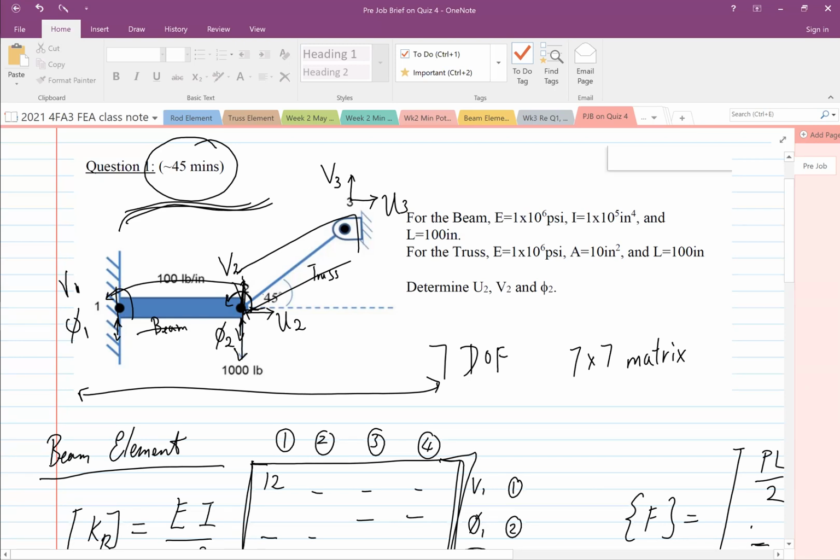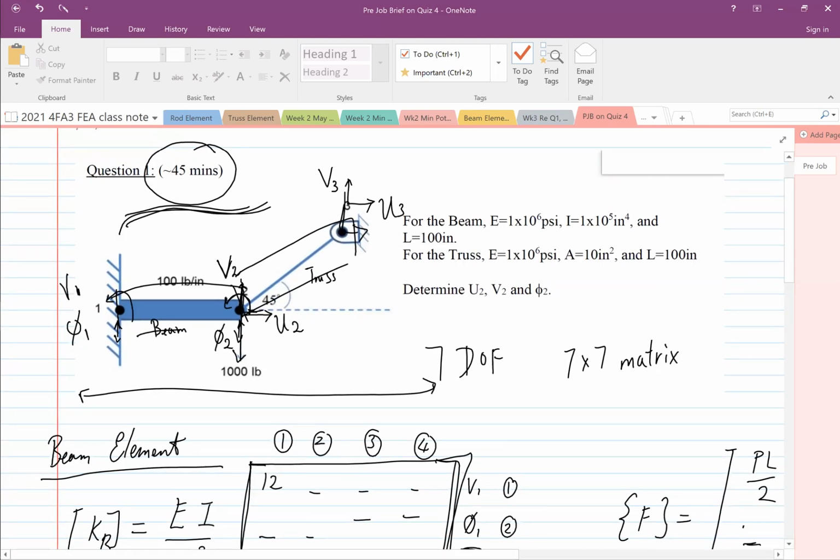However, they have 1 common degree of freedom, so they share the same V2. So that's why this node is so funny, it has 3 degrees of freedom. And then node 3 has 2 degrees of freedom only because it's only connected with truss elements.